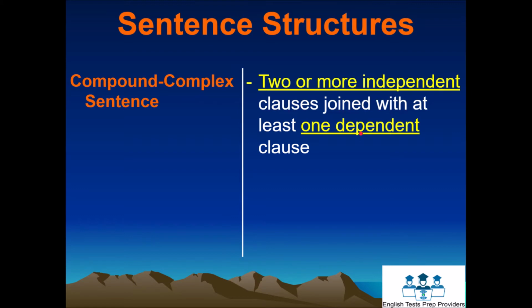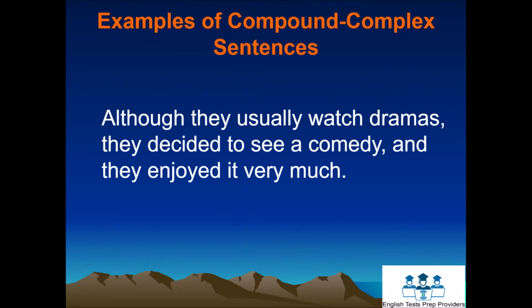Remember, at least one dependent clause. So it means two or more complete sentences and one incomplete sentence, and that incomplete sentence depends on these two or more independent clauses.